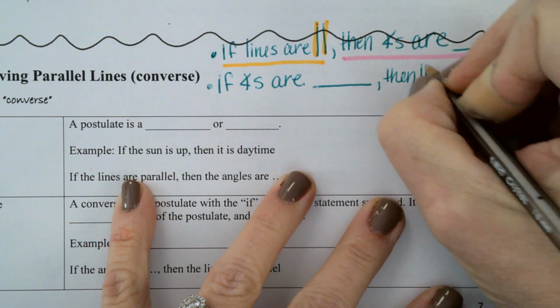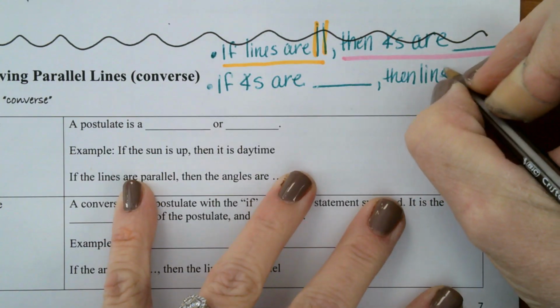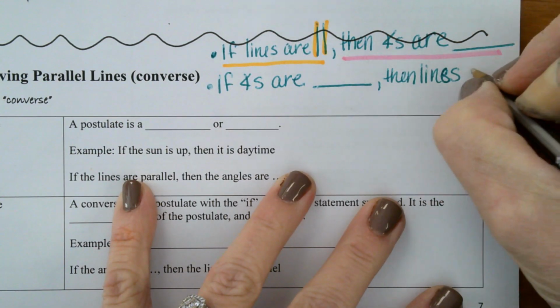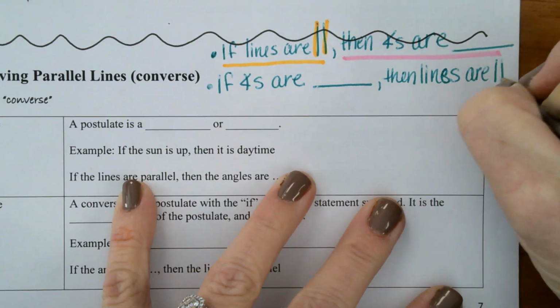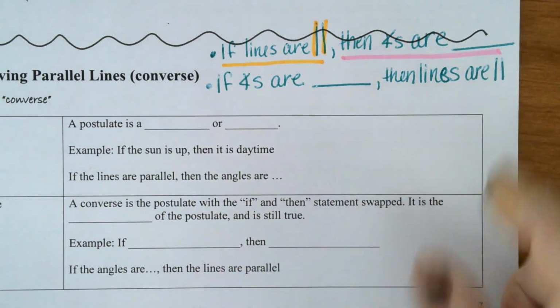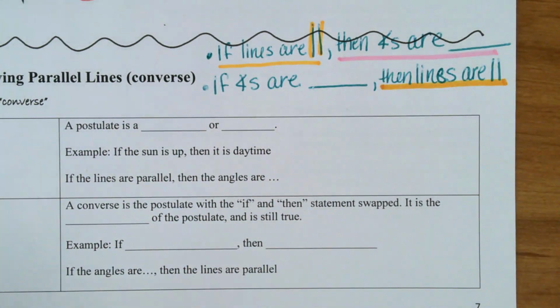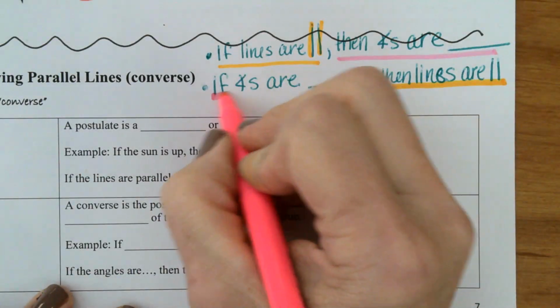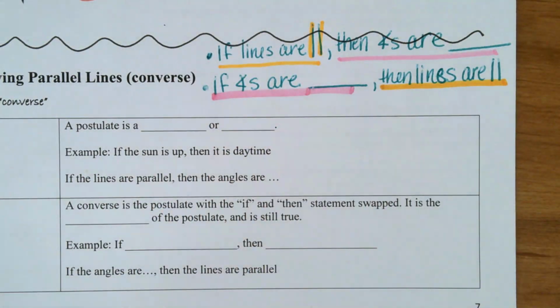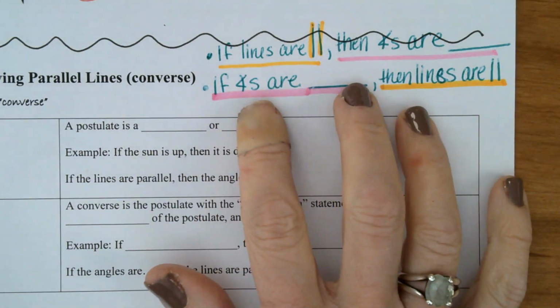Then lines are parallel. So this second one right here, do you see how I just flip-flopped my thinking? That's all I did. I just flip-flopped it. That's what we're mostly doing today.